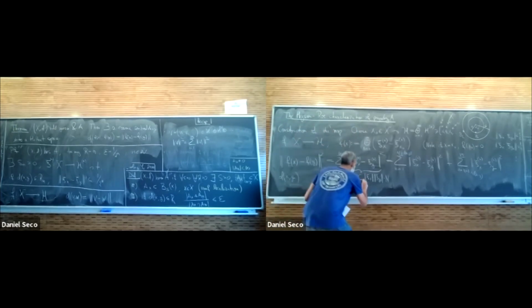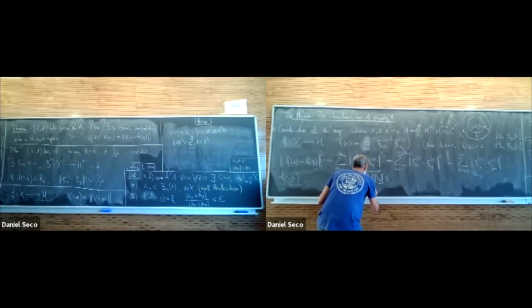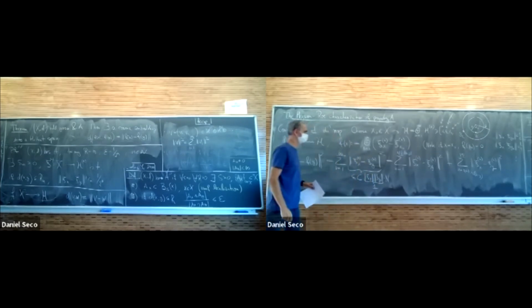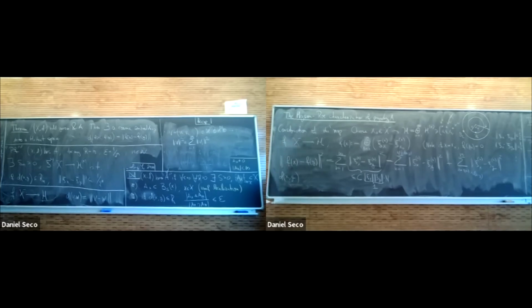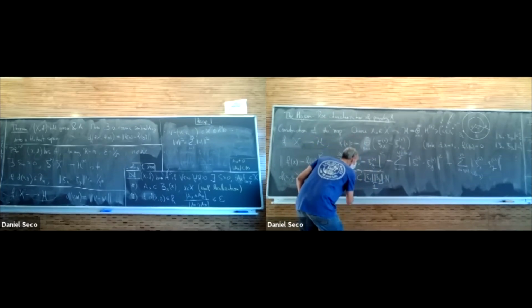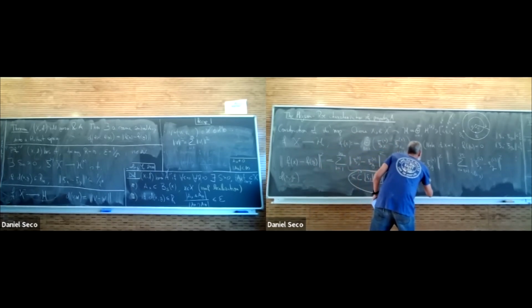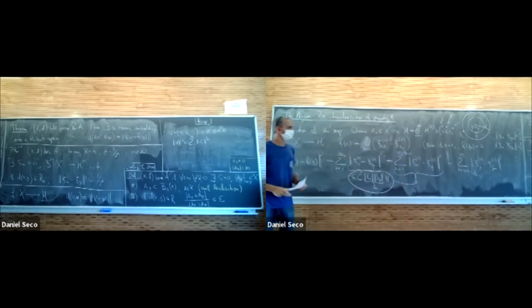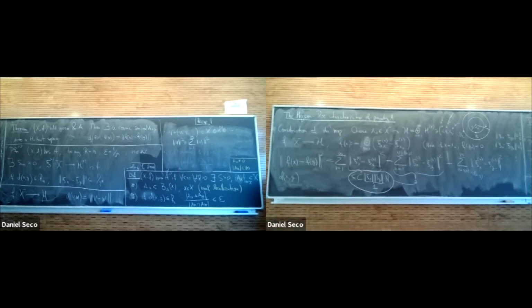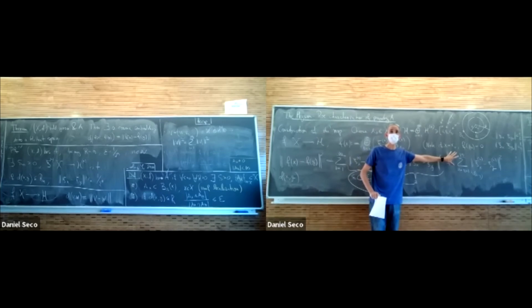You see the trick? When I'm close, I have a finite sum. And when I'm far away, I'm very small.